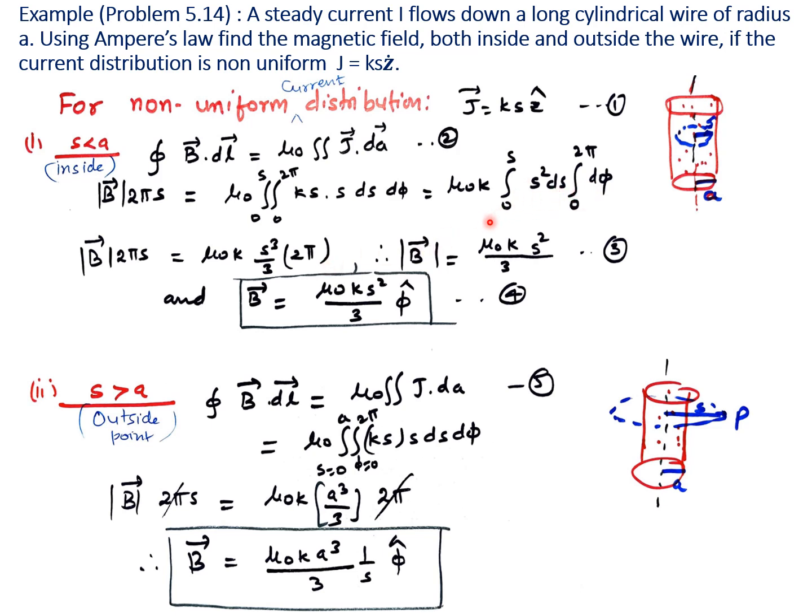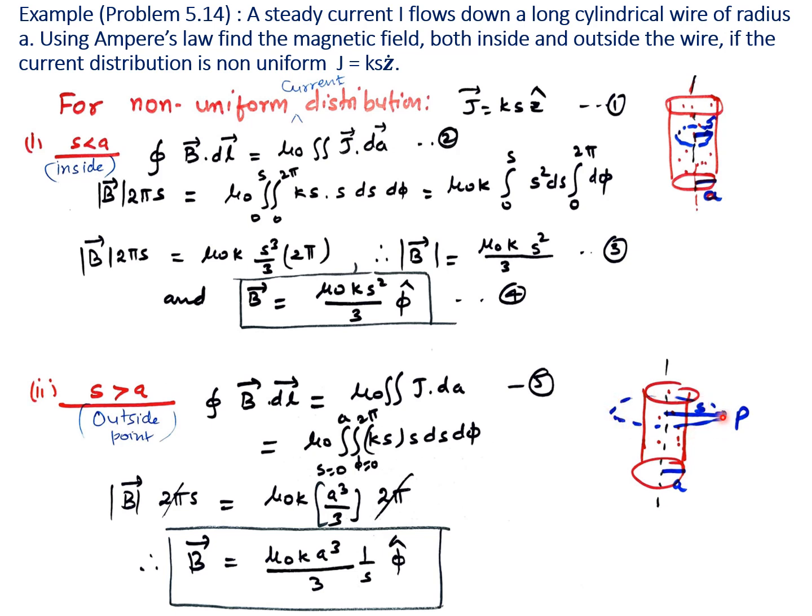And if we integrate, because now the limit for s is 0 to s, since the inner point is there, and for phi 0 to 2 pi, finally s square will give us s cube by 3. So B will be mu naught k s square by 3 in phi cap direction. So this is for the inner point, and for the outer point, point P is here at s distance.